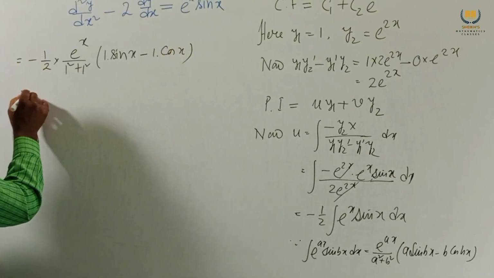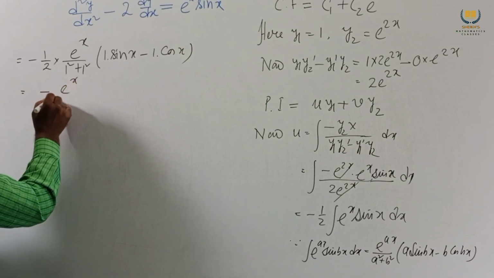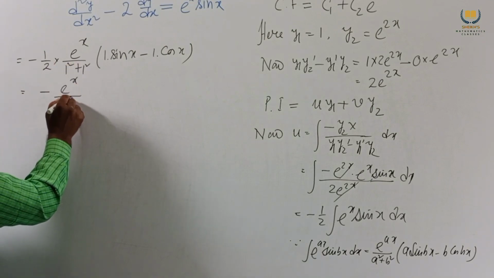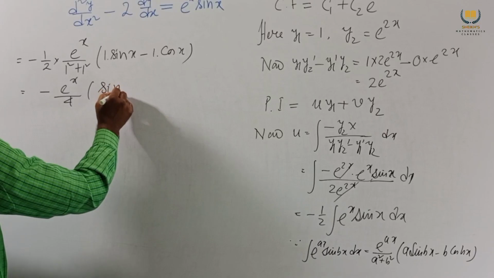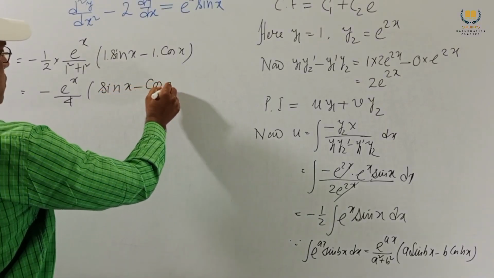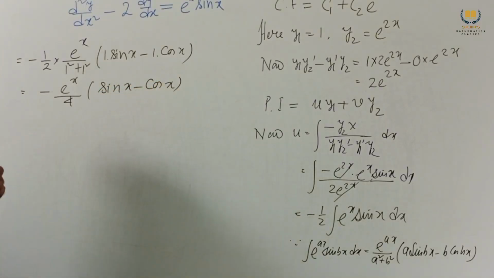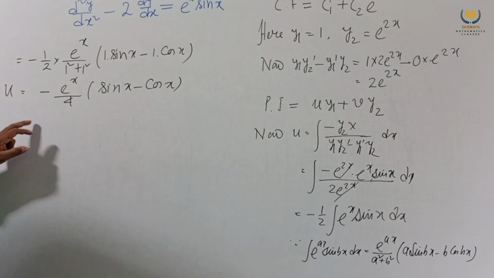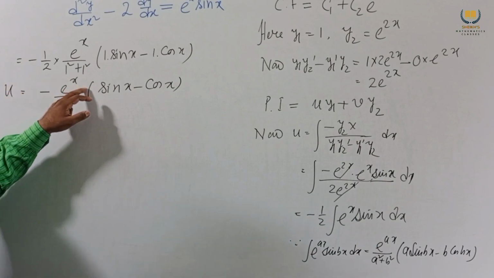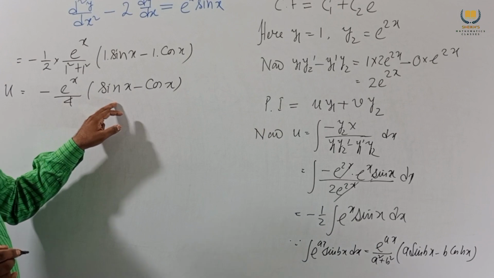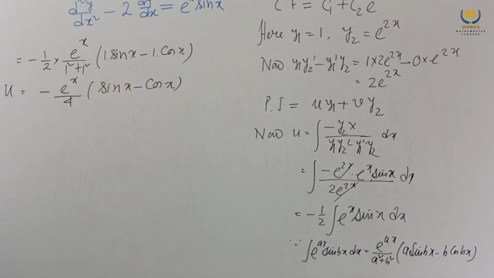So we get minus e to the power x by 4 into (sin x minus cos x). This is our u equal to minus e to the power x by 4 (sin x minus cos x).